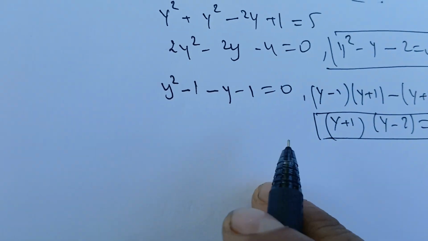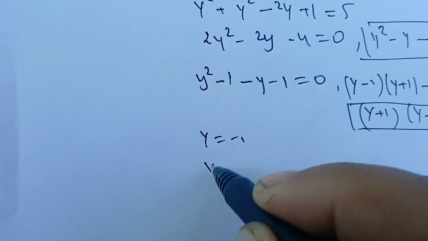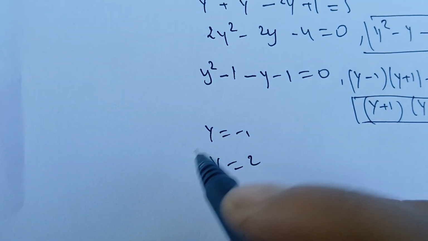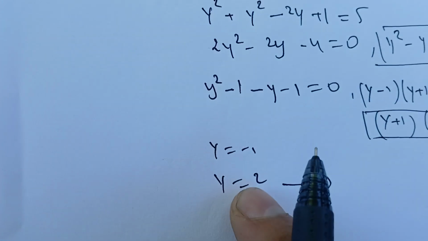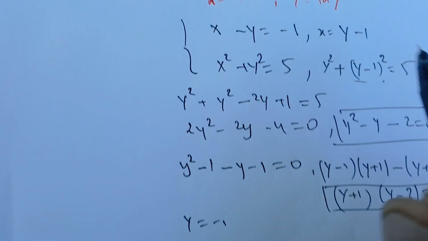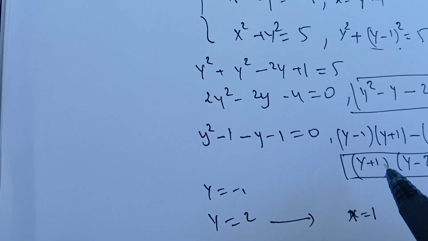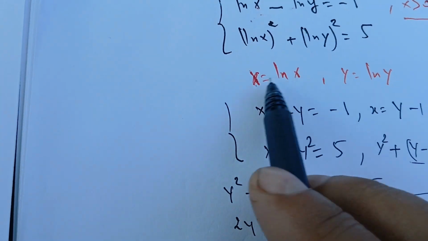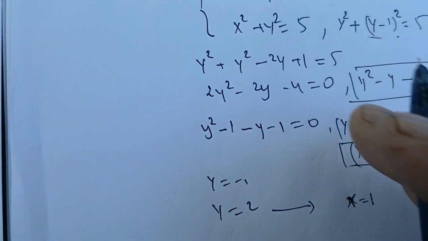So now Y can have two values. Either Y is minus 1 or Y equals 2. Let's solve for this positive case first. If Y is 2, then X is Y minus 1, then X is 1. Okay, big X, this change that we put. Sometimes I make a mistake, I confuse the x and the y, but you get the idea.